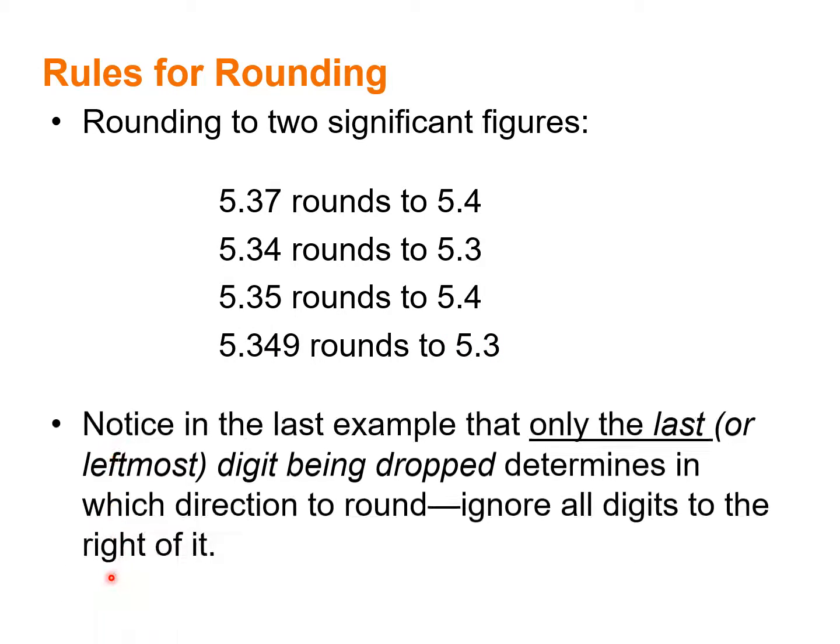In this example, only the leftmost digit that's being dropped determines rounding. It's only the 4 that determines the rounding. We're not going to look at the 9 and the 4. We're only going to look at the 4, so you ignore this number.